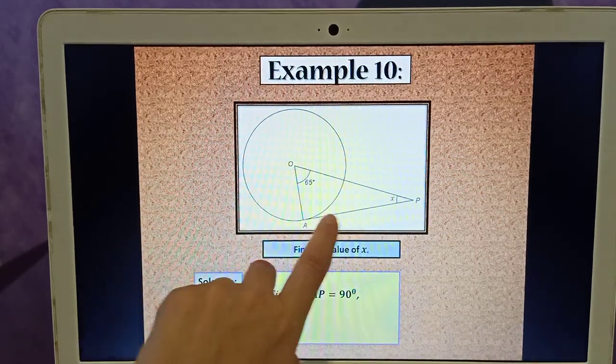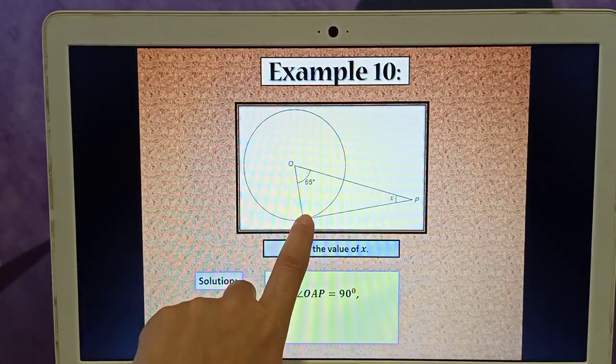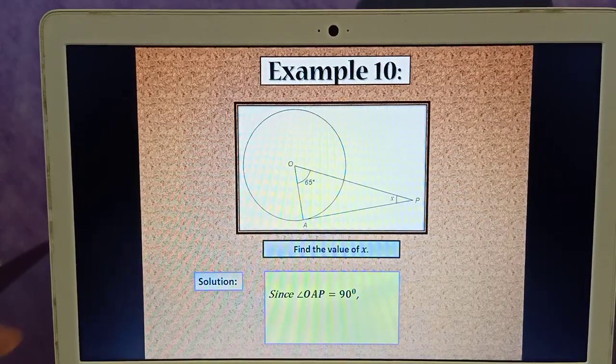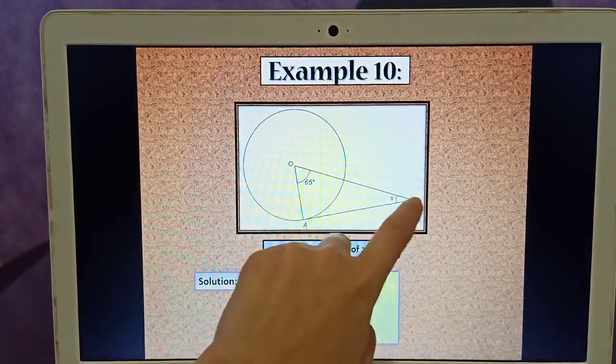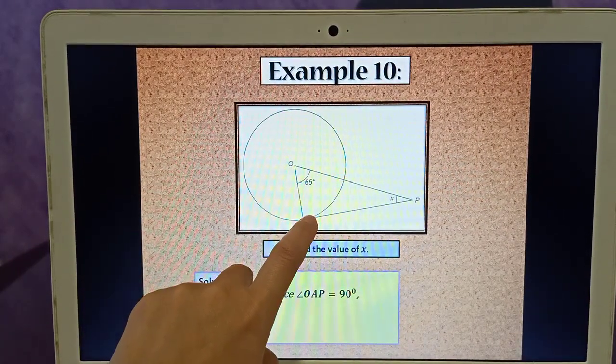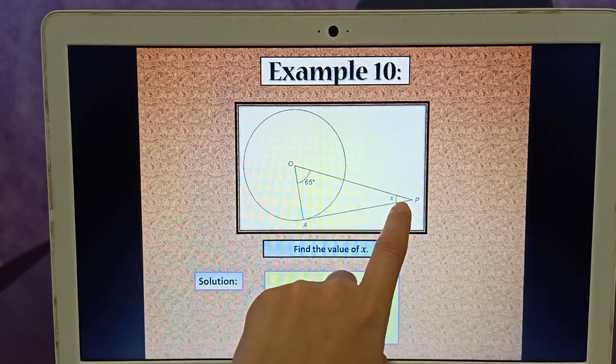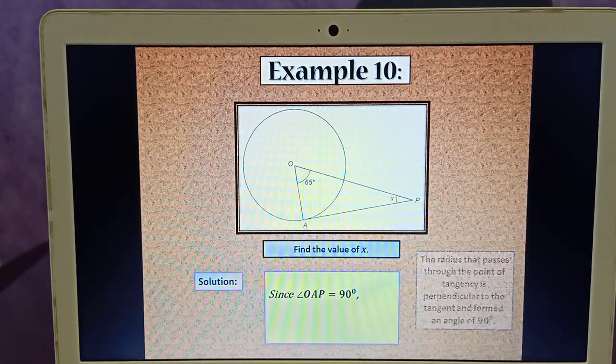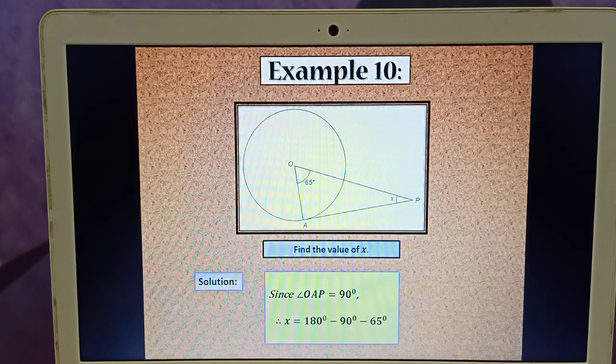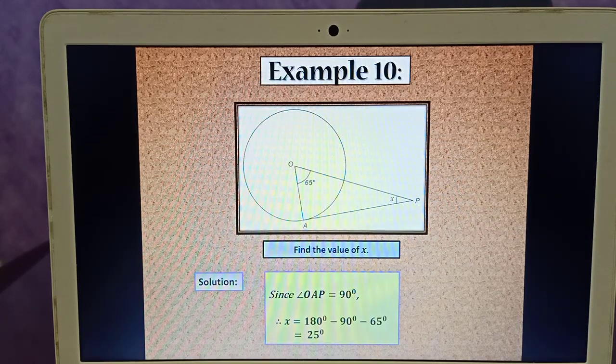So the relation between these two will form 90 degrees. So this is a right angled triangle. You have this 90 degrees, you have this 65. So in order to get x, you need to use 180 minus 90 minus 65. So the answer is 25 degrees. Okay, next example.